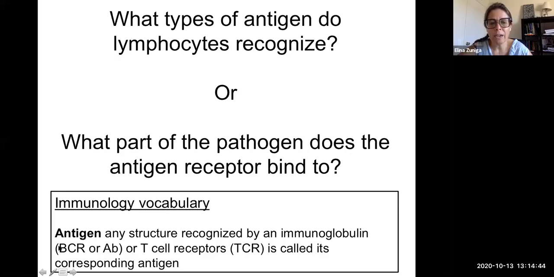So we often say the BCR is specific for this antigen present in HIV, or the TCR is specific for the antigen present in the glycoprotein of coronavirus, okay? But it's any structure that binds with a strong affinity to the BCR or the antibody, which is basically the same as the BCR, except that the antibody is soluble, right? Or binds to the TCR.